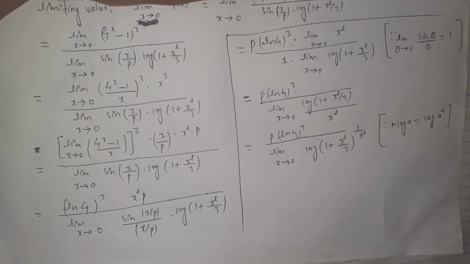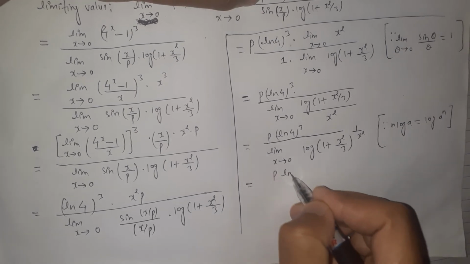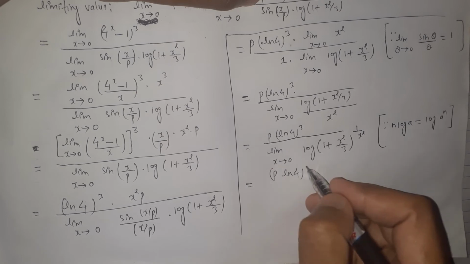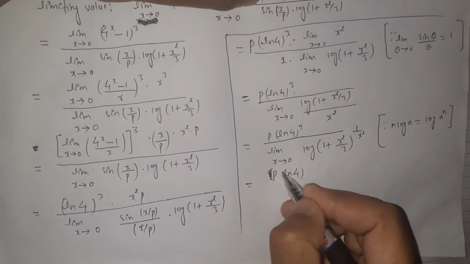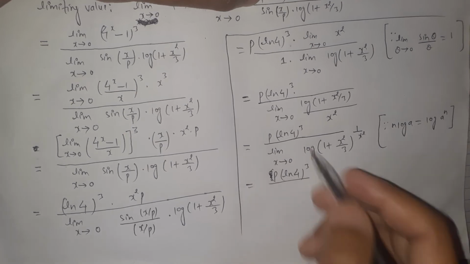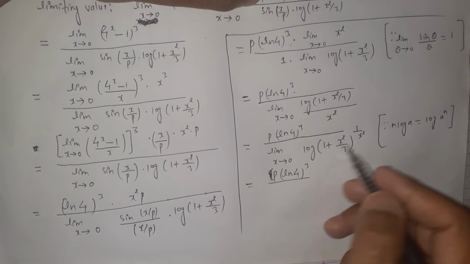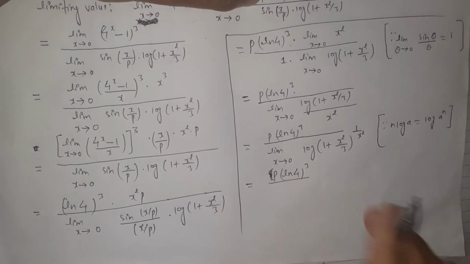Here we use the same case. Let's simplify. p times ln of 4 to the power 3 over, and here let's do the simplifications on this denominator function.